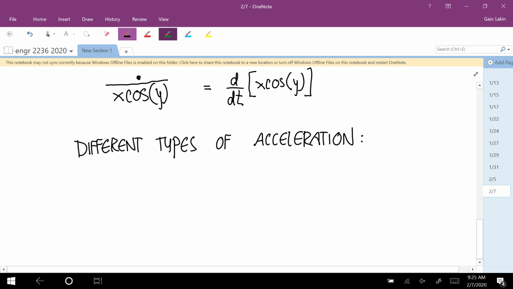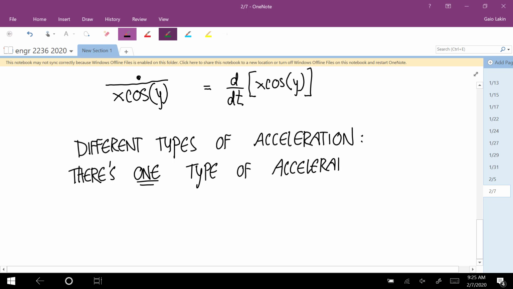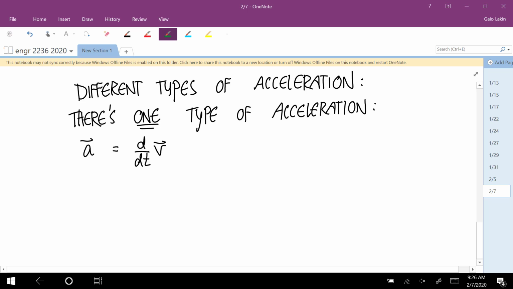There's one type of acceleration, and that is the acceleration that's equal to the time derivative of the velocity. Okay, that's always the definition, and that's always what acceleration is.